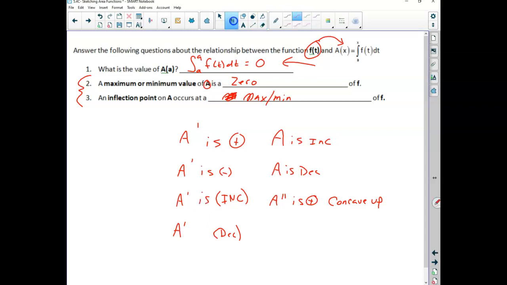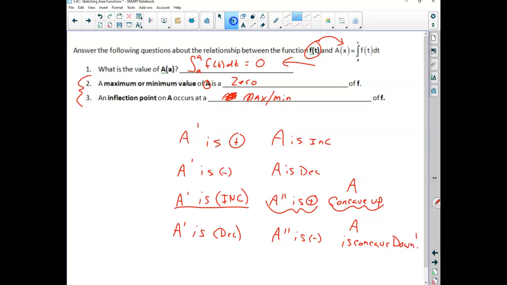If A prime is increasing, I know A double prime is positive, implying A is concave up. If A prime is decreasing, that implies A double prime is negative, which implies A is concave down.